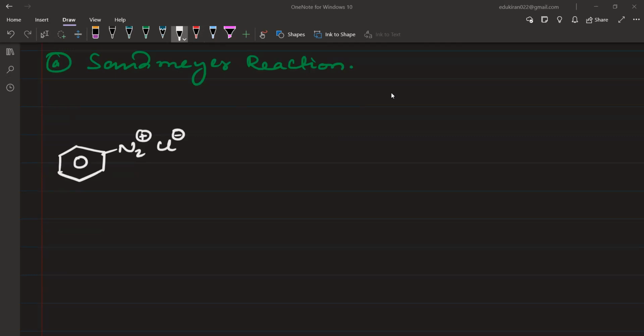In Sandmeyer reaction, we use cuprous chloride, cuprous bromide, or cuprous cyanide. So there are three reactions which can be known as Sandmeyer reaction.